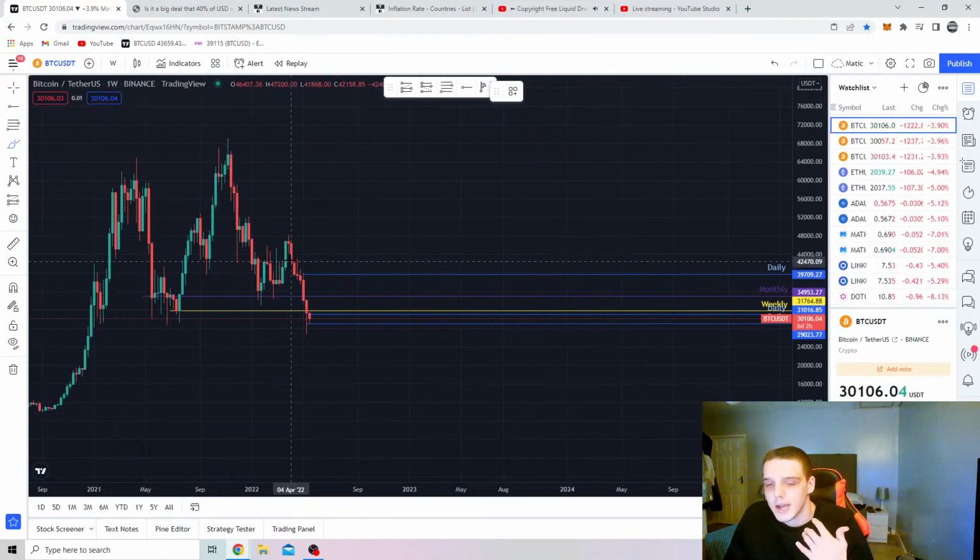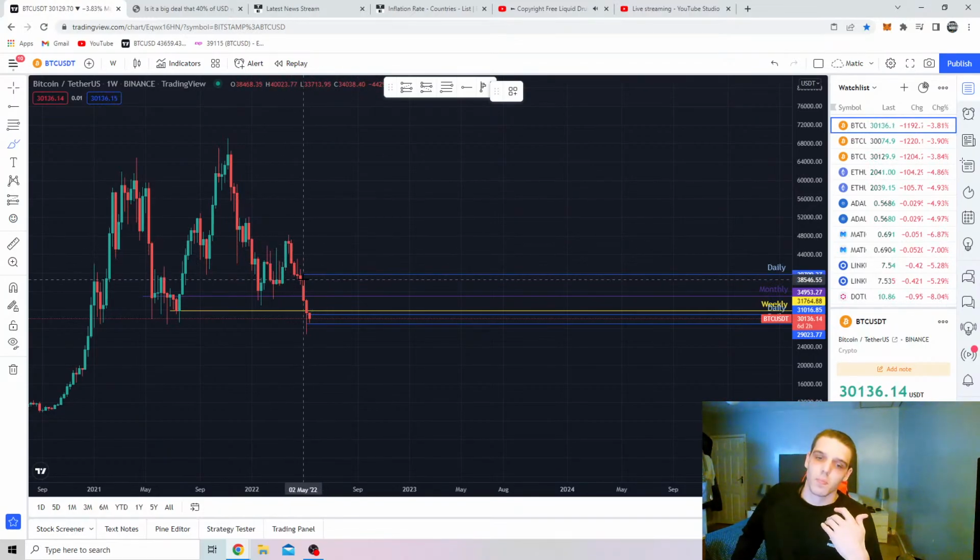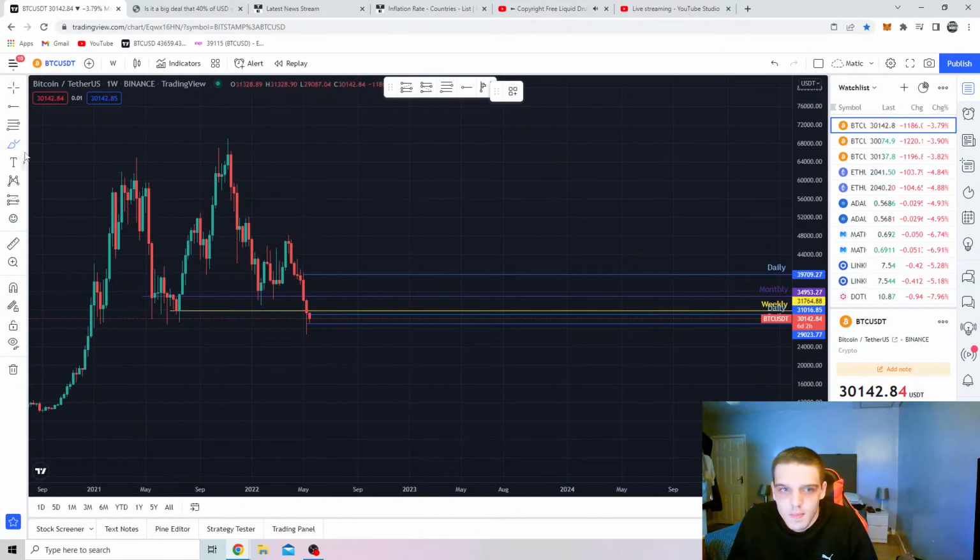But there are some levels that actually stand out, which are a lot more respected than any other numbers on the chart. To my knowledge, these are the levels, okay?